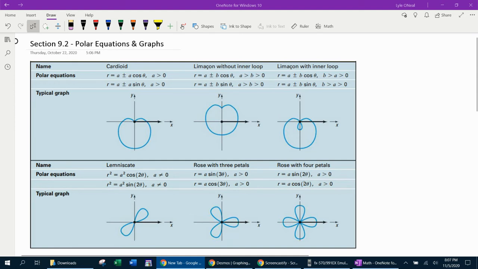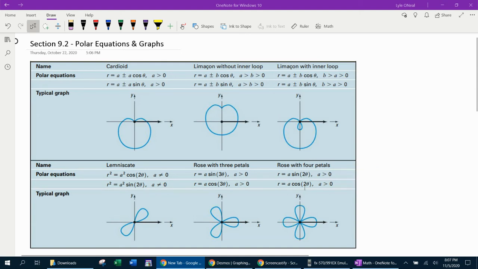If the coefficient of theta is even, then the number of petals is that even number doubled. So in this case, we might have r equals 5 cosine of 2 theta, and when that coefficient of theta is even, you have to double it to get the number of petals.